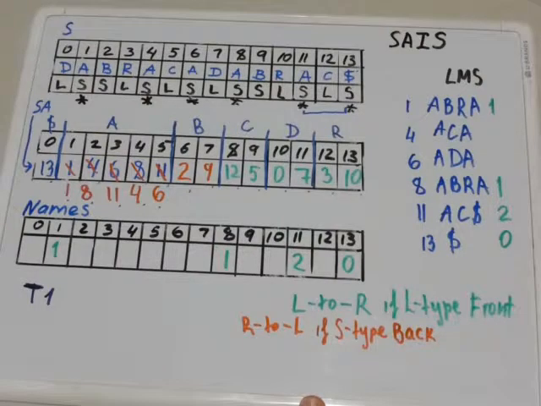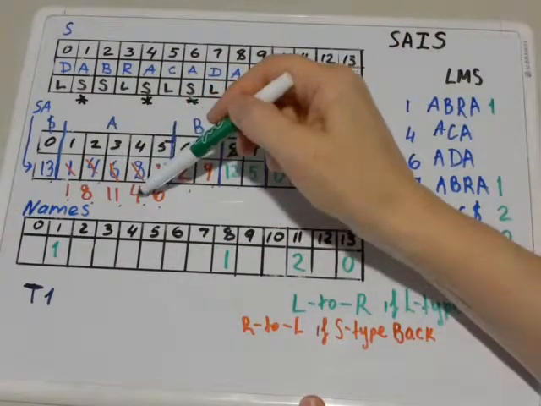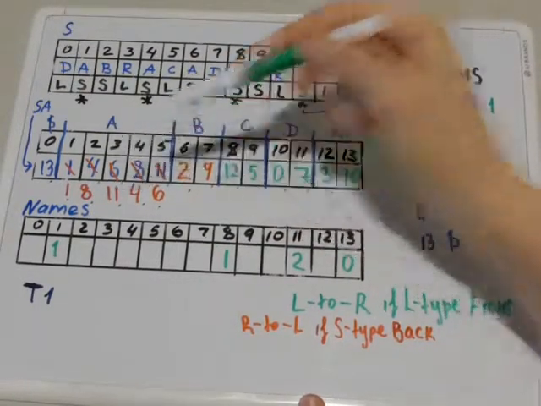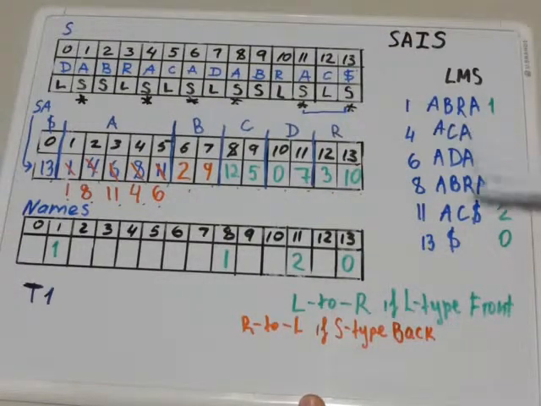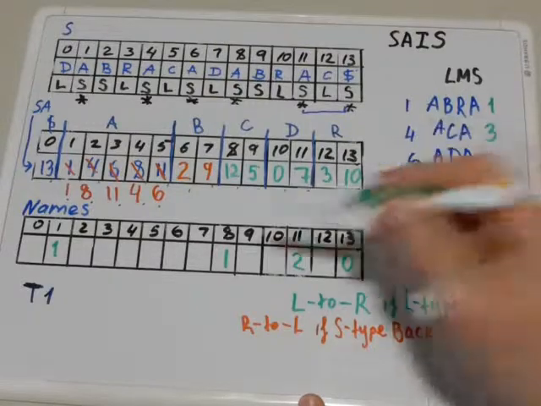Next, we compare the next LMS substring 4 with the previous 11. 4, ACA, is not equal to AC $, so 4 will be assigned the next available name, 3. Take the previous name, add 1, it will be 3. And we're going to store this name 3 at position 4.